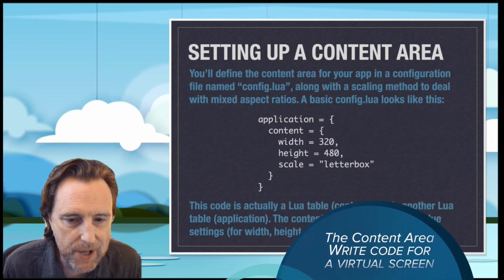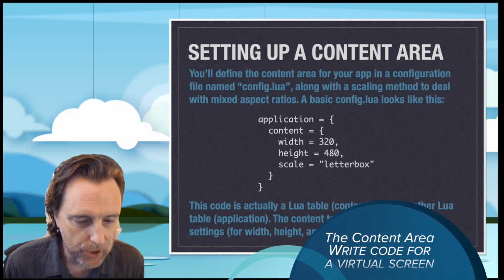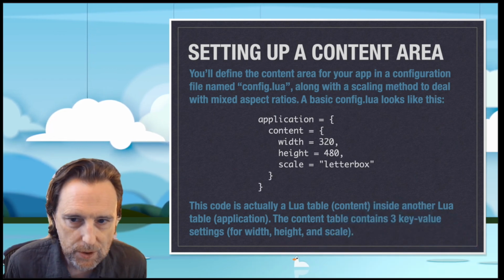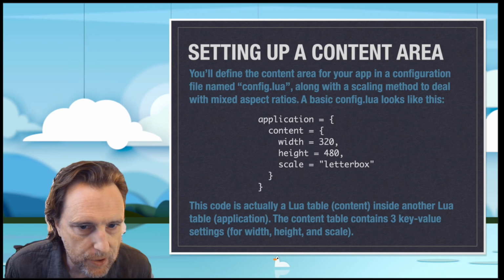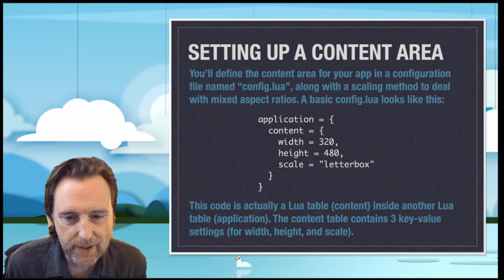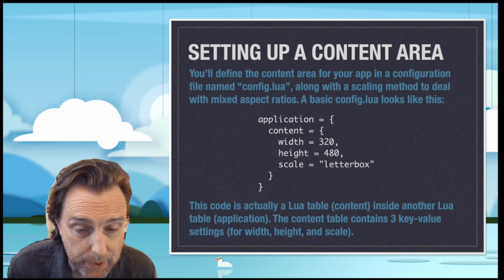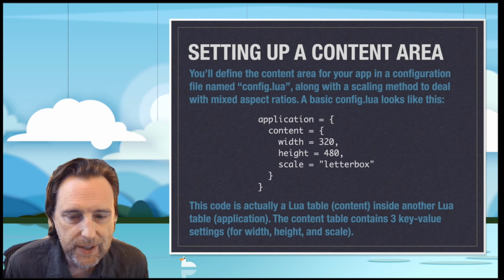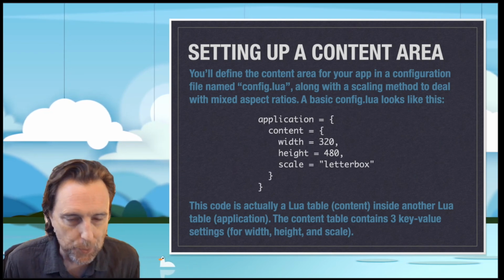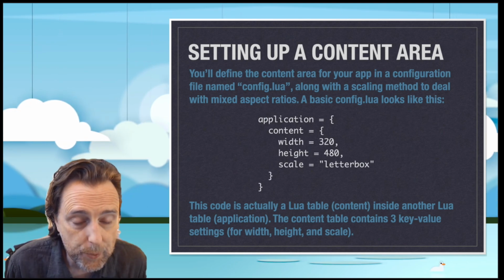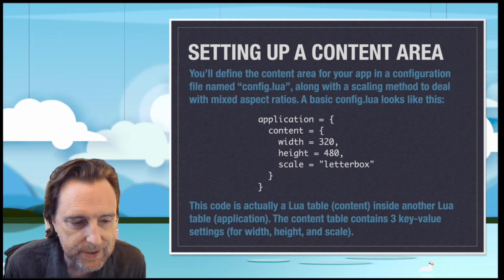The key to do that is that we don't code for a particular device. We code for what Solar 2D or Corona calls a content area. And the default content area most people use is 320 by 480, even though that's so old, because it doesn't matter. That gives you a working area on screen. So we write our code with pixel values that are based on this content area.